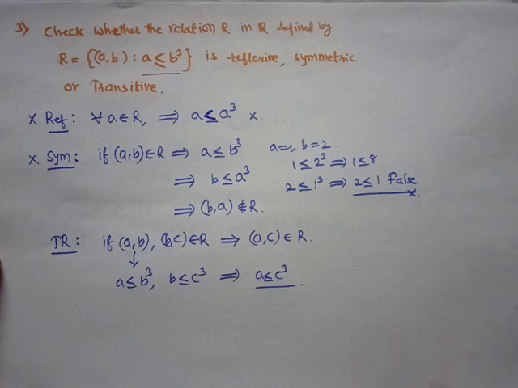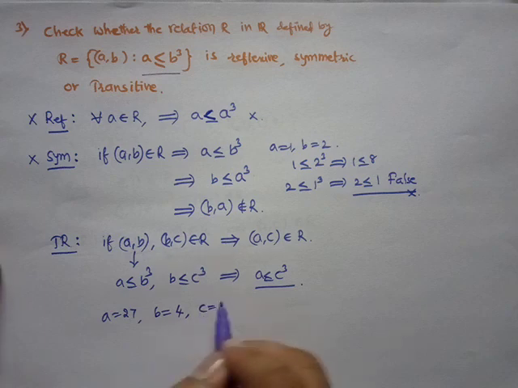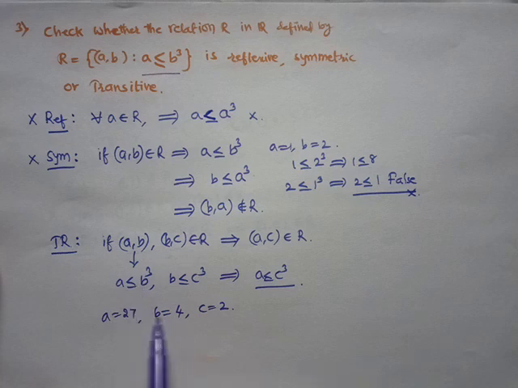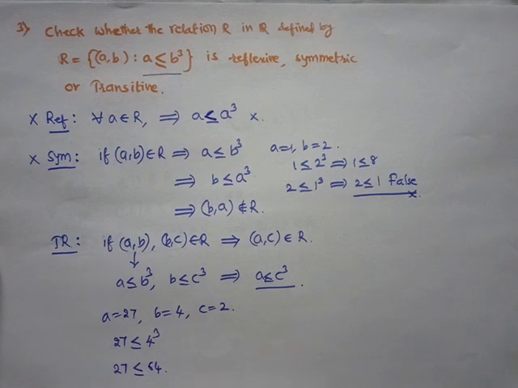For this we will take an example. Consider a = 27, b = 4 and c = 2. First, whether the conditions are satisfied or not. a = 27: 27 ≤ 4³, which is 27 ≤ 64, a right condition.